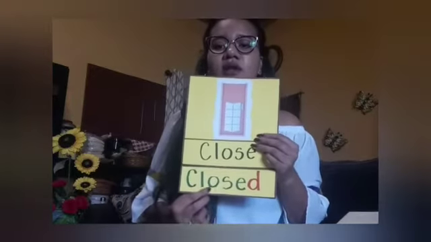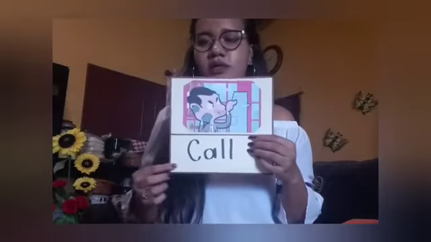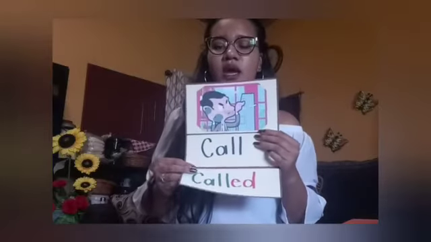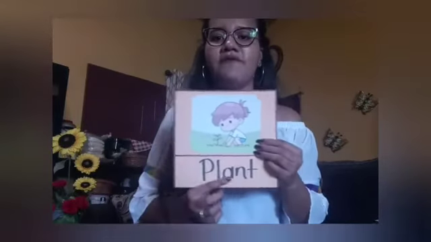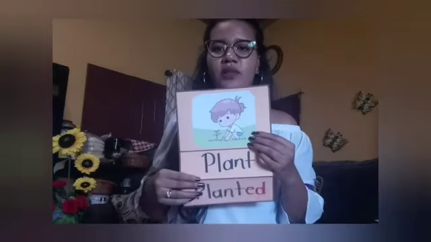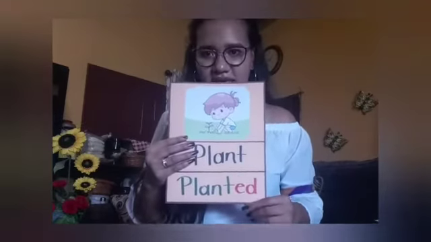It will be closed, like t at the end. Then we have call. It will be called with d at the end, like d, sorry, at the end. Then we have plant. It will be planted, like id at the end.